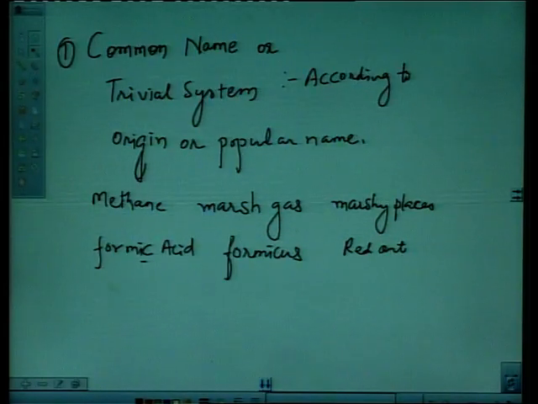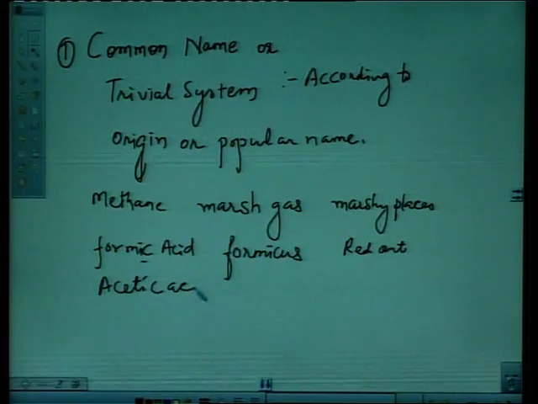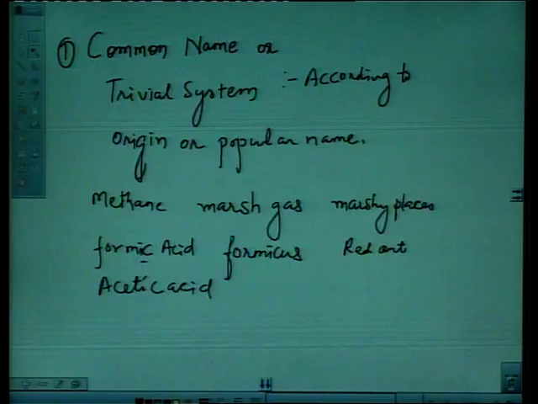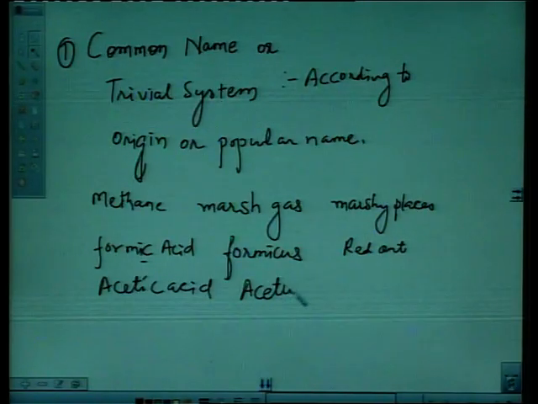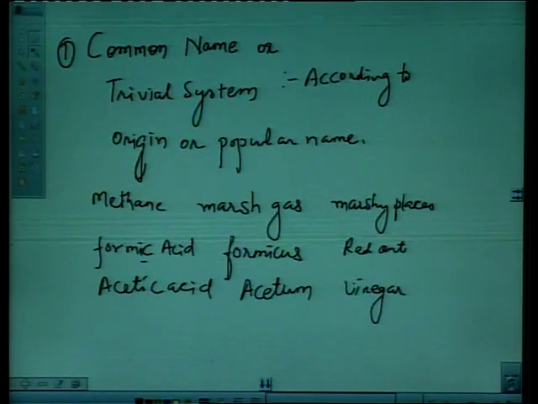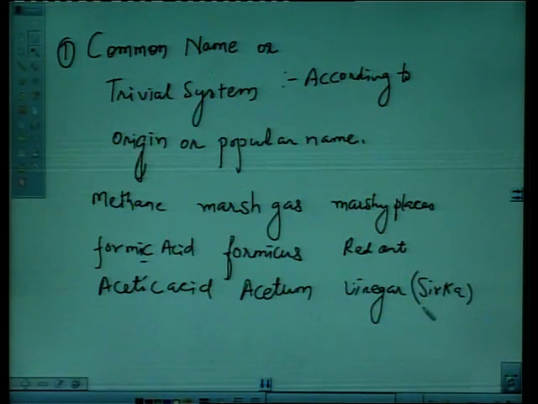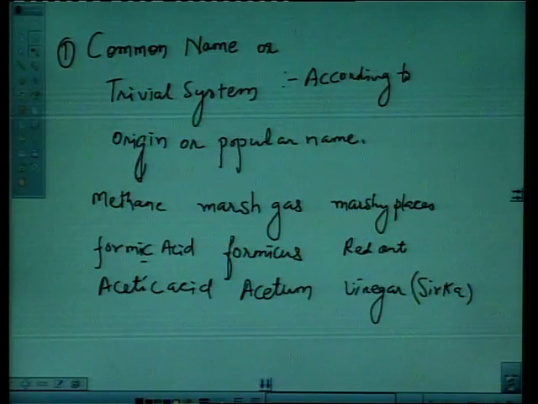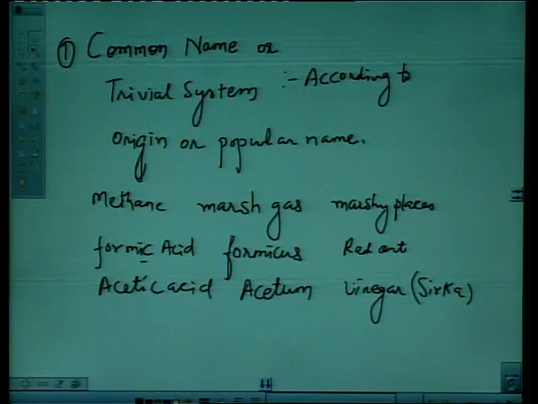Likewise acetic acid derived its name from acetum. Acetum means vinegar in Greek, sirka, that we use in pickles. So likewise, common names are given to compounds according to their popularity or origin. Maybe it is a popular name in some country, so that is a common name, or this is called the trivial system.